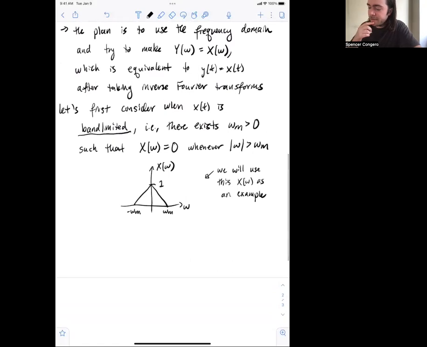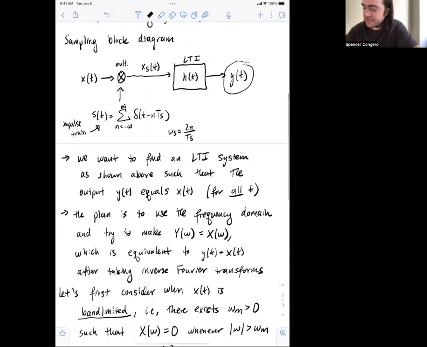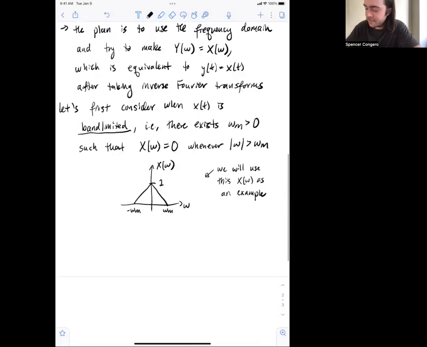And so let's think about what's happening in the frequency domain. We want to understand this function in the frequency domain, and that's the output from this function in the frequency domain. So first, let's look at the sampled signal in the frequency domain, and we did that in the previous video. We saw in the previous video that the Fourier transform of that sampled signal is actually pretty simple.